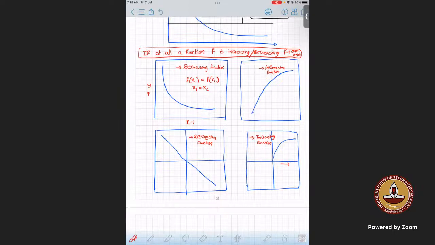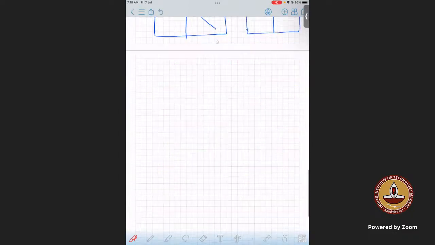That is the reason why increasing and decreasing functions follow this, so it is automatically 1-1. Clear? Yes, sir.